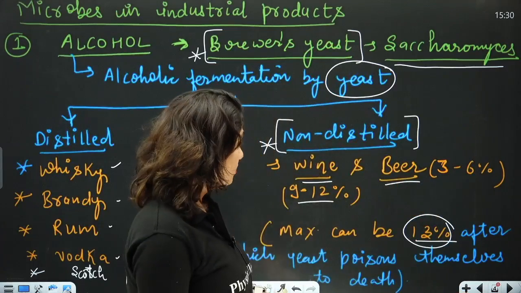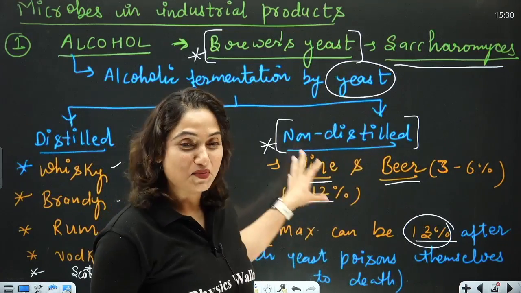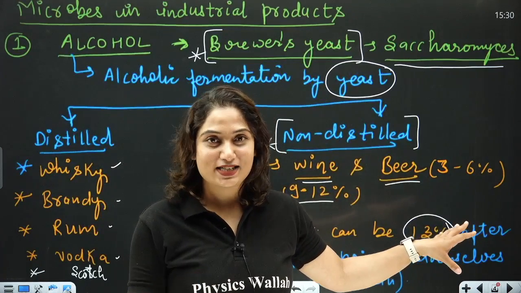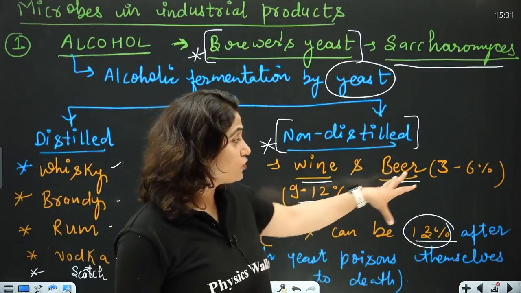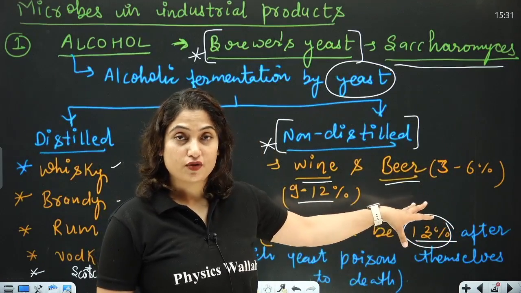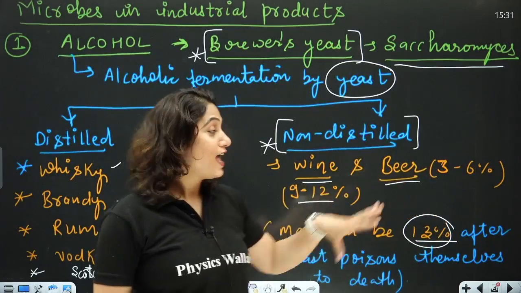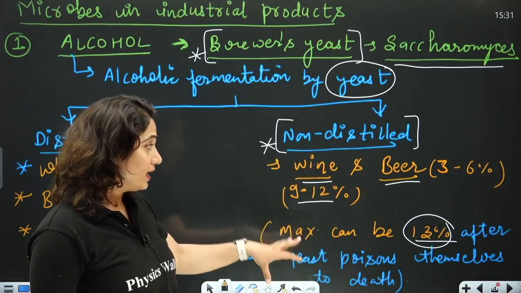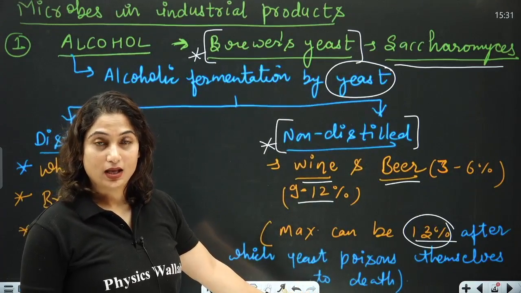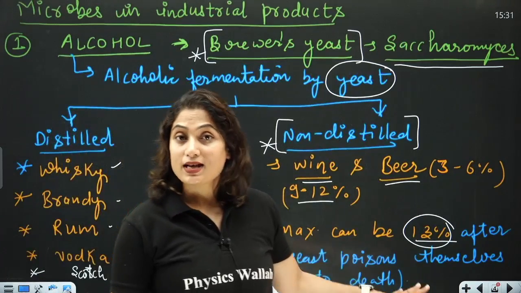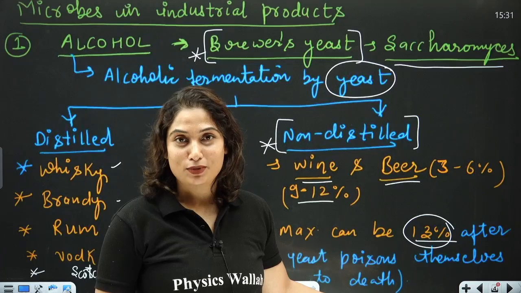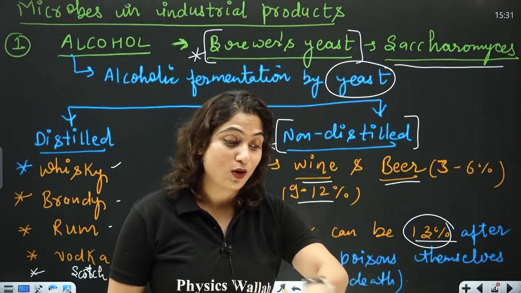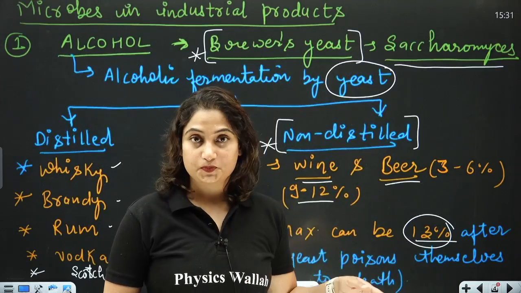Okay, so generally wine and beer, these are naturally made alcohols, non-distilled alcohols, and the concentration of alcohol in beer is 3 to 6%, and that in wine is 9 to 12%. So what is important, that in non-distilled alcohols, the maximum concentration of alcohol is 13%. Why? Because after 13% of alcohol in the medium, yeast dies.